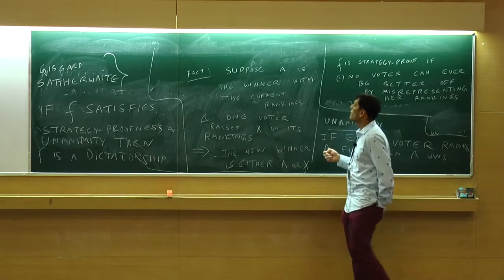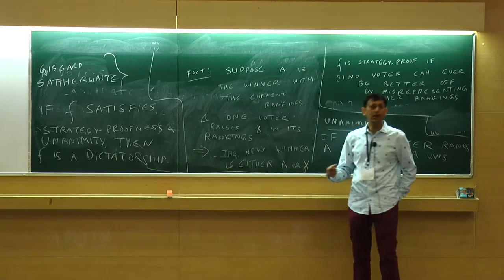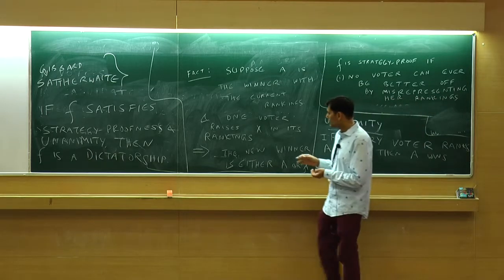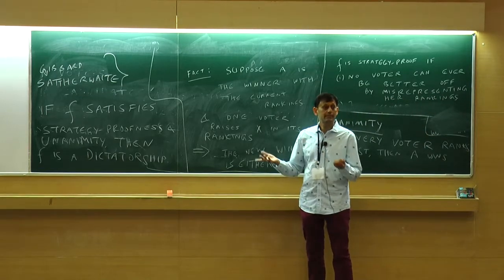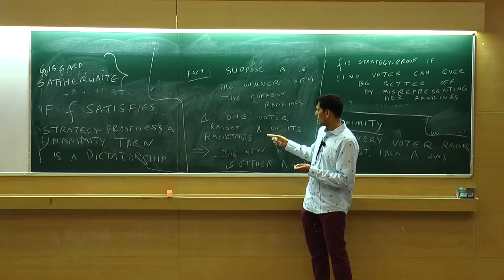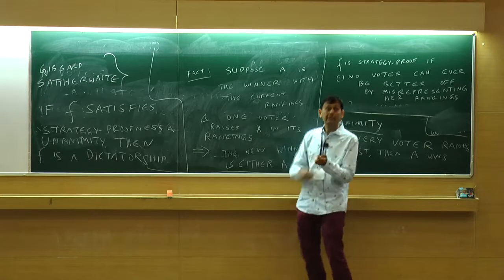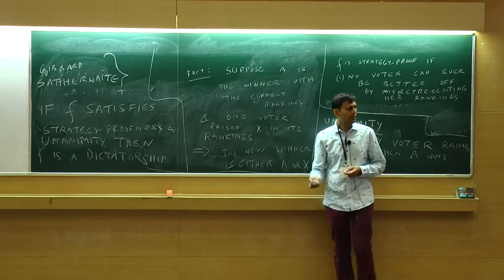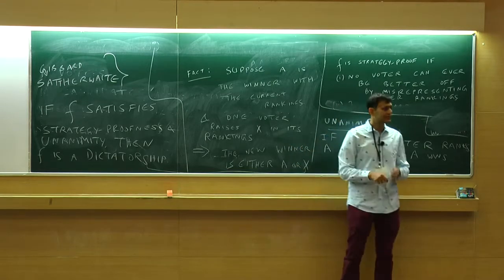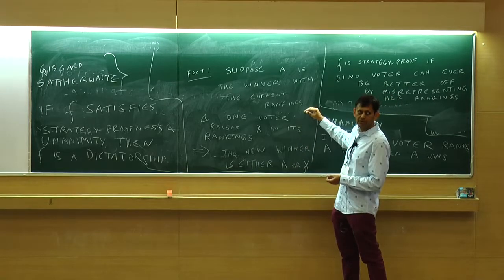If A is the winner with the current rankings and you raise voter X in its rankings, then the new winner is going to be either A or X. The way this follows from strategy proofness is, suppose the new winner becomes Z, some other guy Z. Then if the voter prefers Z over A, the voter will falsely increase X. Whereas if the voter prefers A over Z, then the voter can falsely reduce X. So if you want strategy proofness, then you get this factoid for free, which is a very desirable fact.